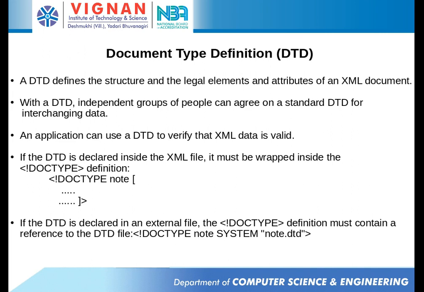A DTD can be written in two ways. We can write an internal DTD or we can go with an external DTD. In an internal DTD, the structural rules are defined in the doctype tag, which will be at the beginning of the file. The doctype tag starts by specifying DOCTYPE, space, root node, for example note in this case, followed by a square bracket and n number of lines to define the structural rules.